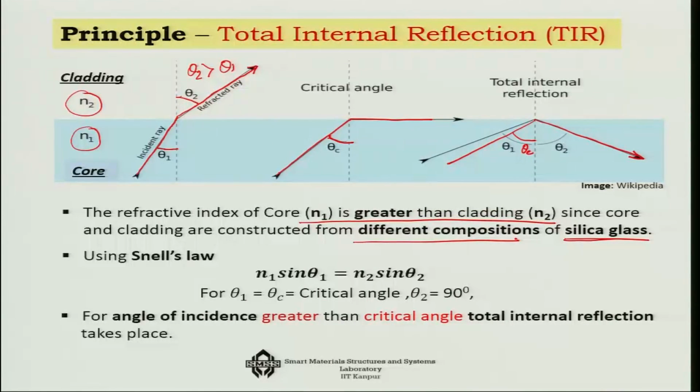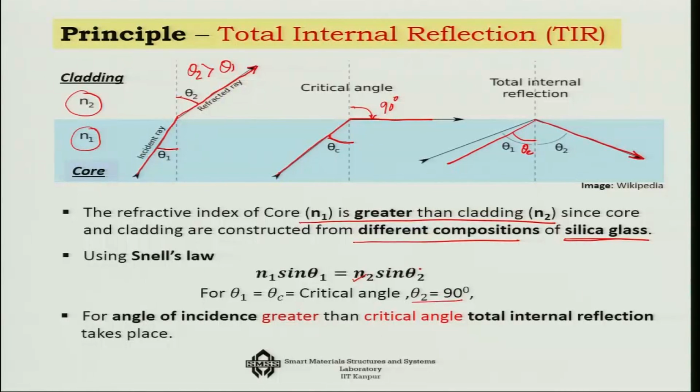Now, using Snell's law, you can also find out what n1 has to be. Suppose I know n2, and theta 2 is 90 degrees in the case of the critical angle. This angle is known to you, that it is 90 degrees.